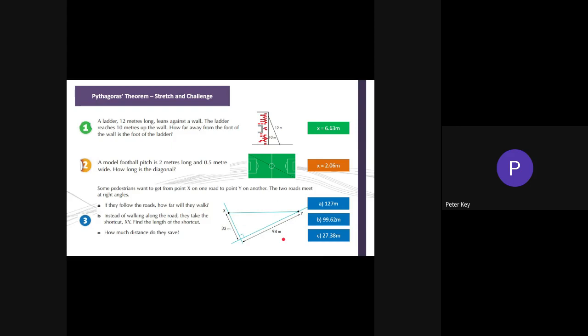Do we think we could tackle some questions on that? Yeah. Brilliant. Well, what I've done on Maths Watch, I've set you some questions. There's only about 6 questions, something like that. Shouldn't take you long to do, as long as you know how to do it.